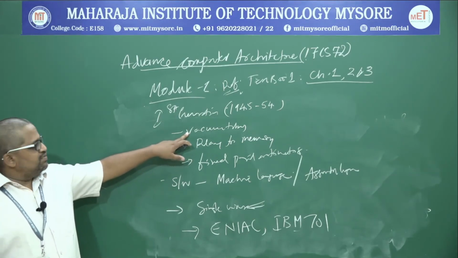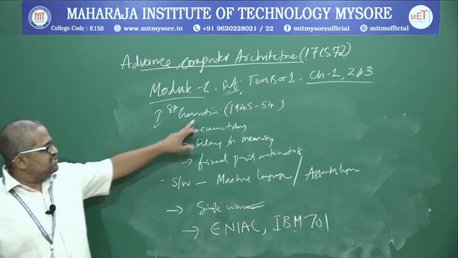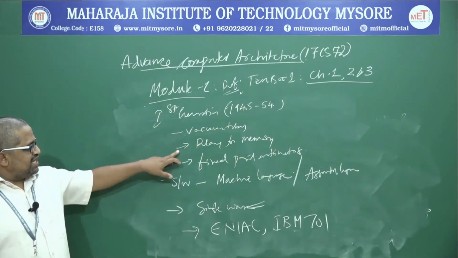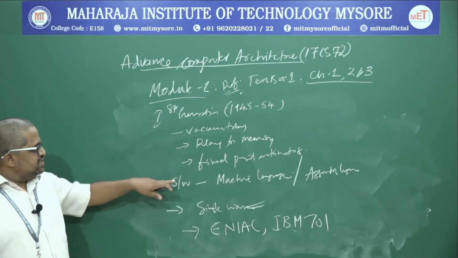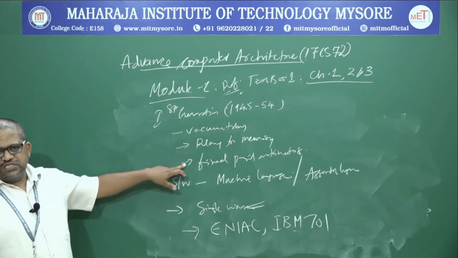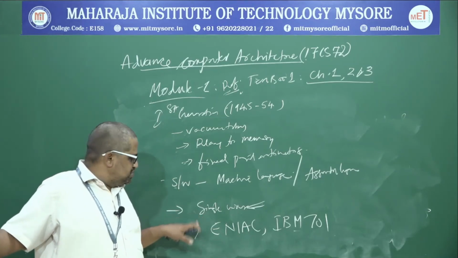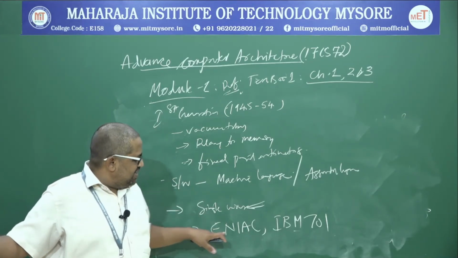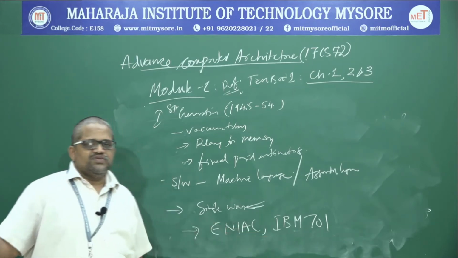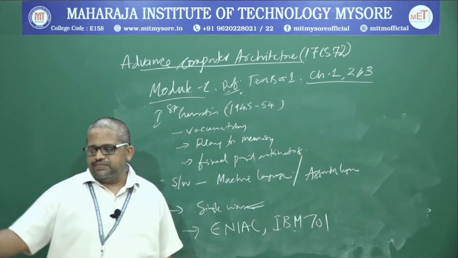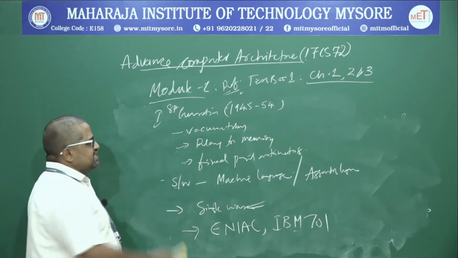The vacuum tubes were replaced by transistors. Because of this, you see a second generation getting evolved. In the first generation, vacuum tubes and relays were used for memory purposes. They were able to perform fixed point arithmetic, used assembly language, and it was meant for a single use. ENIAC or IBM 701 were some of the examples of first generation computing, clear, right. Now, let us go to the second generation.